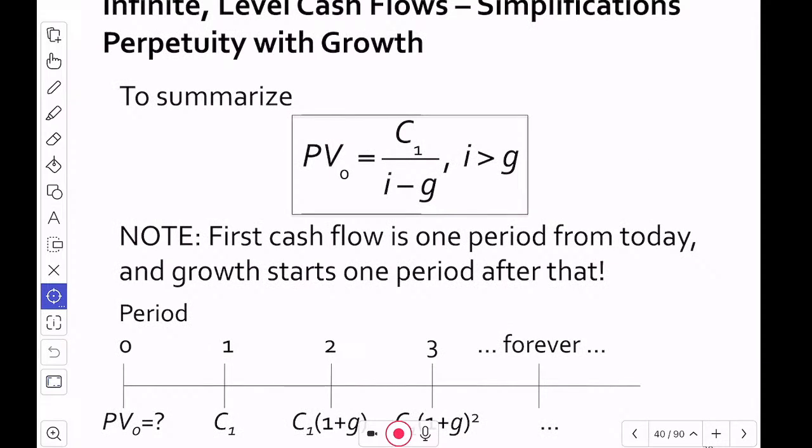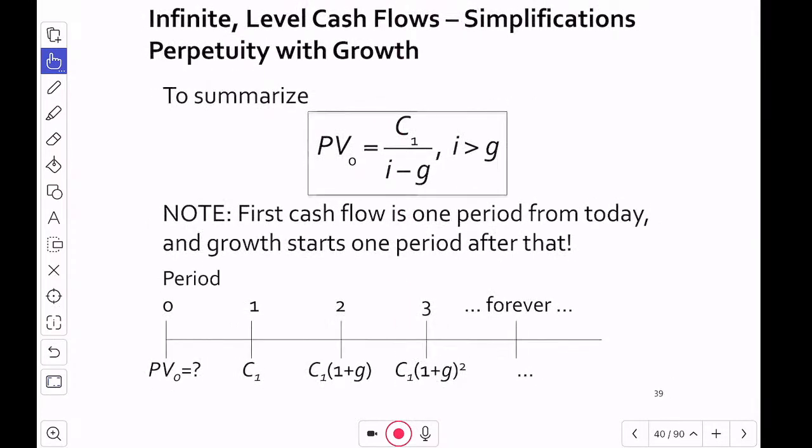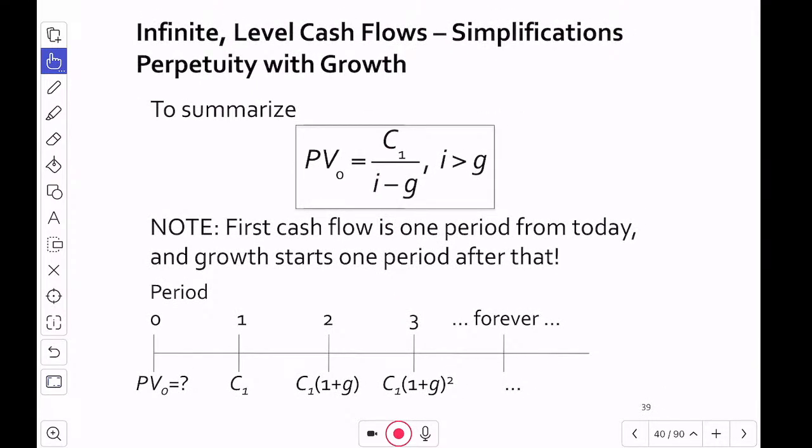So what we're going to do then is offset that time value of money effect by the growth rate. So this makes this smaller on the bottom. Now this formula has conditions for applying. This is the annuity or perpetuity with growth formula, it's called. And what are the conditions? First cash flow in one period.